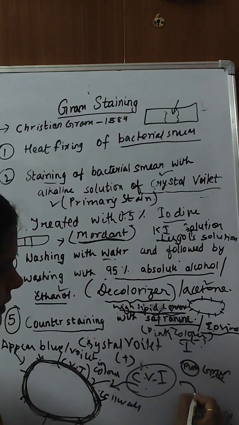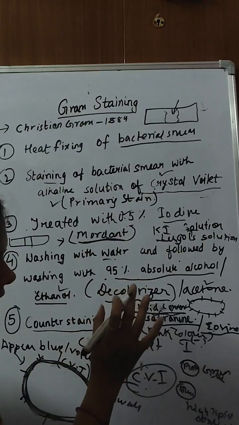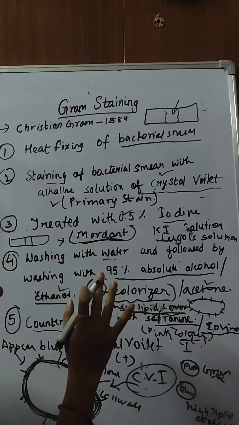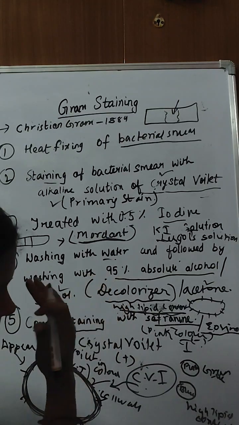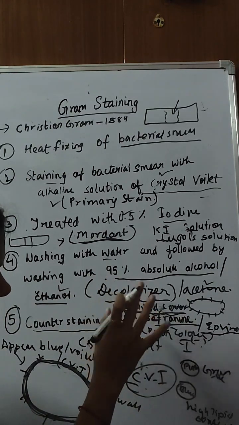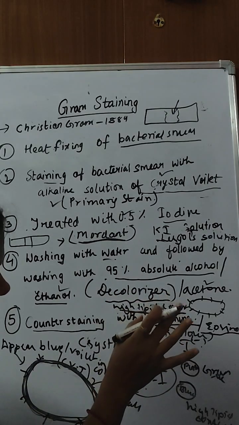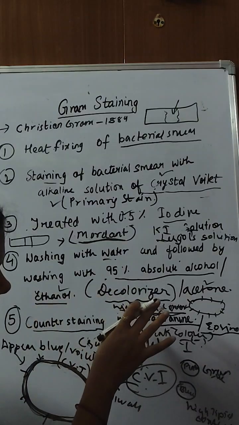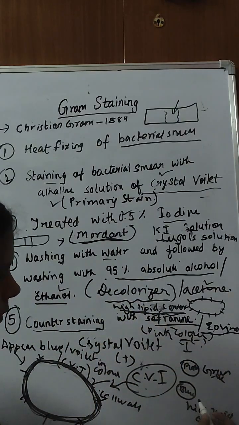And those cells which appear blue in color have a high content of peptidoglycan and a low lipid content, so they will not get solubilized in acetone or 95% ethanol or alcohol. They are not going to be decolorized by the decolorizer, and they appear blue or violet even after using it.